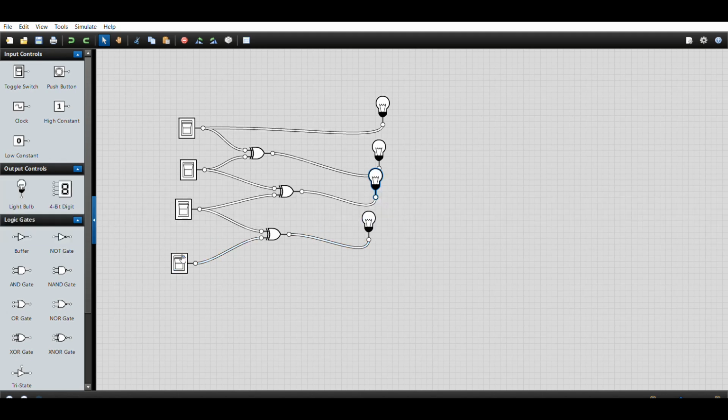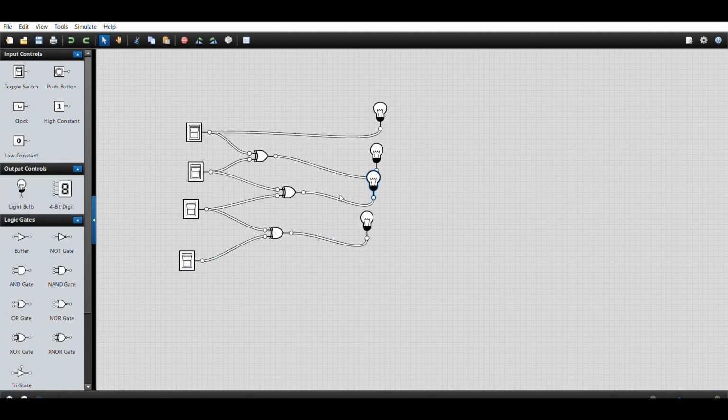Yes, we have successfully implemented the code converter for binary to gray code.